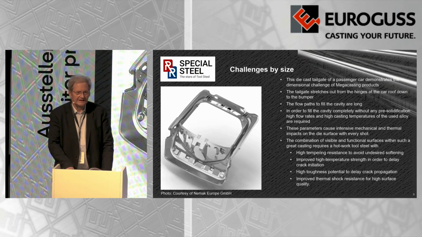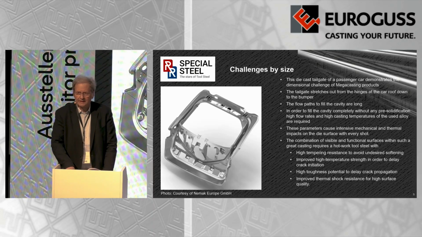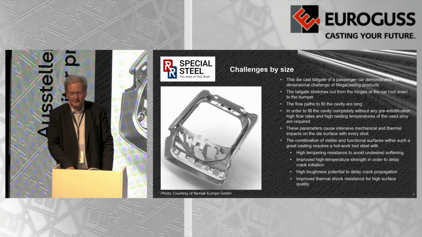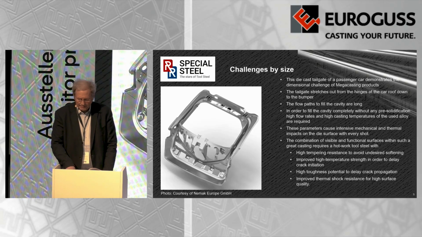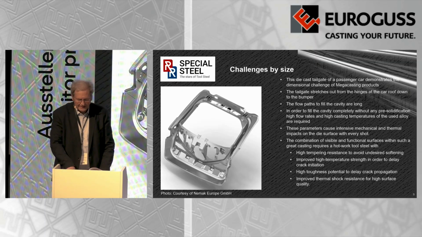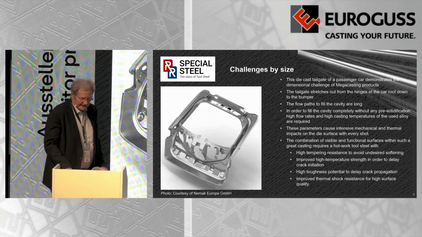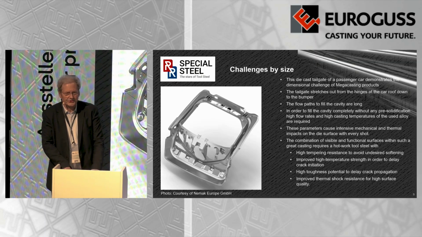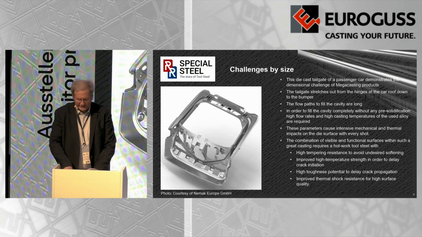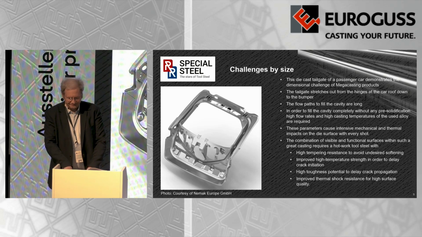We all, die casters, die makers, and of course the producers of hot work tool steels, see ourselves challenged by the size, design, and the mass of the casting. Here we see a die-cast tailgate of a modern passenger car, and it is a good example for the large size.